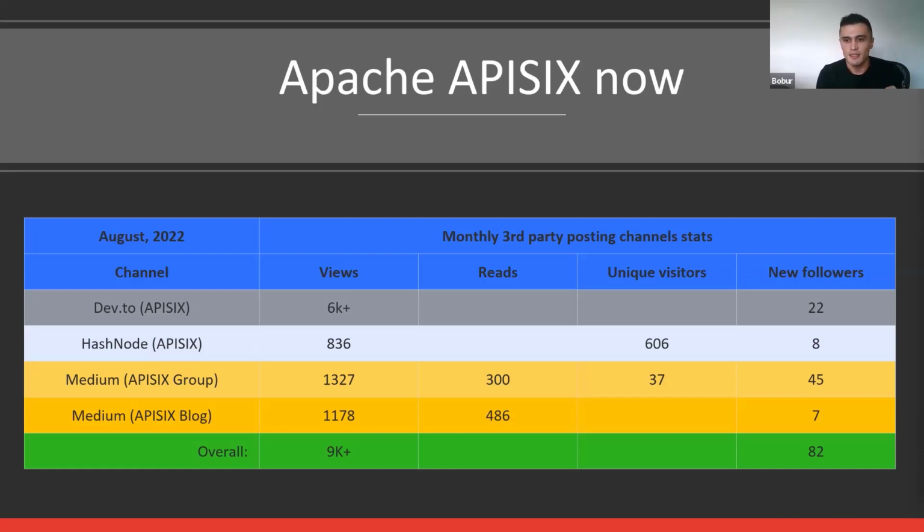And the interesting fact is that we got more than 9,000 views in August, just in 1 month. And we have around 82 new followers across all the channels. And the number of unique visitors who read these blog posts is also rising every month.